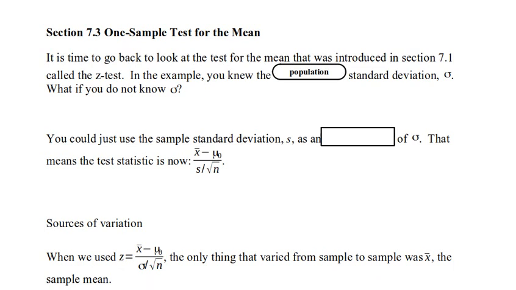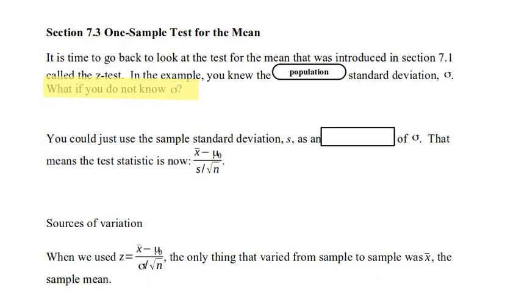And more often than not, you're not going to know the population standard deviation. So we're going to go back through the questions from 7.1, but we're going to do them in a more realistic context. And that context is when we know the sample standard deviation in place of the population standard deviation.